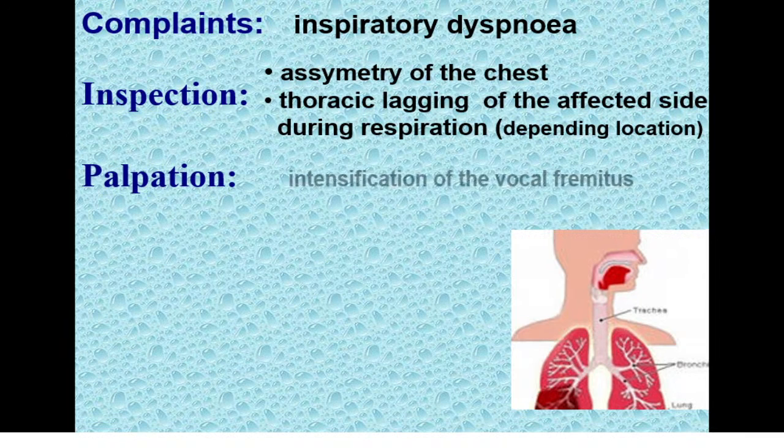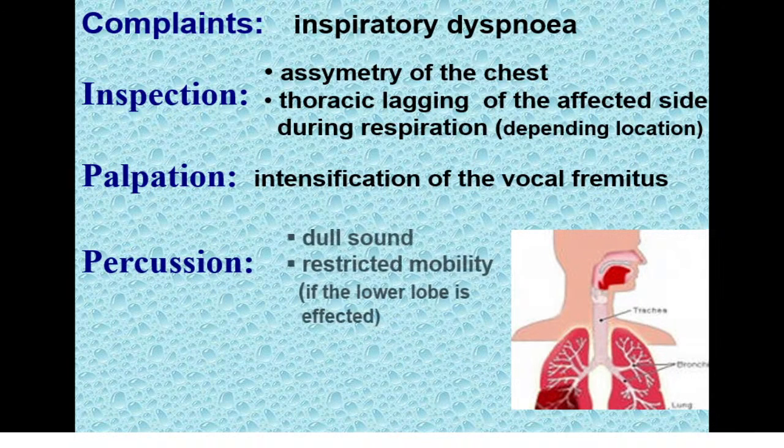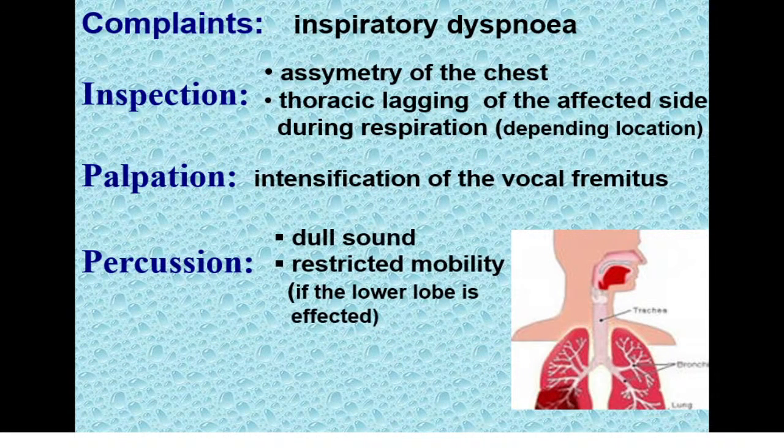On palpation, increased vocal fremitus, because dense tissue easily transmits sound. On percussion, dull sound and restricted mobility of the lung borders, if the lower lobe is involved in the pathological process.